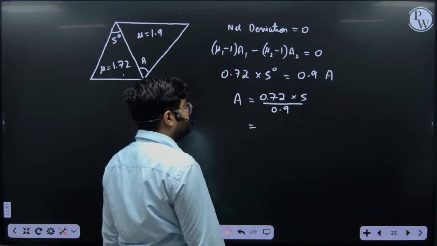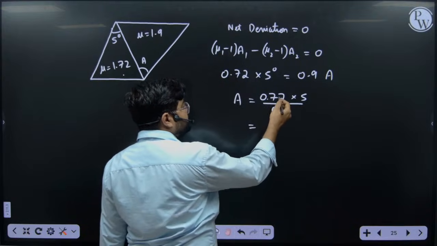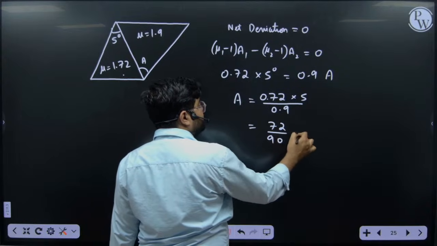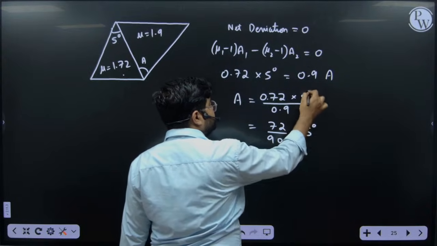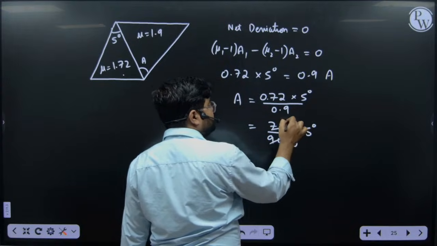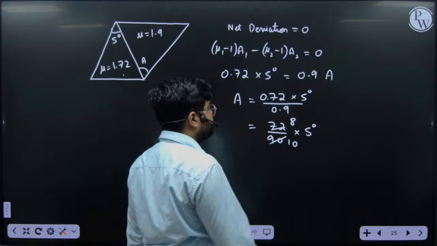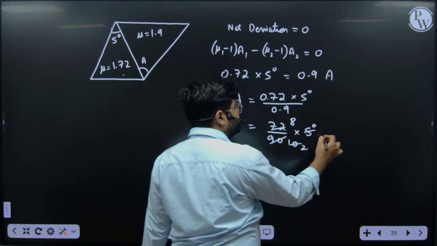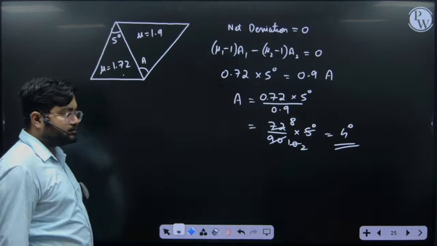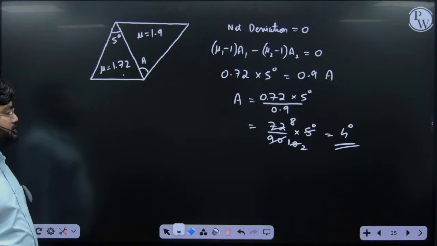This can be written as 72 by 90 into 5 degrees, 9 tens are 90, 8 ones, and here we have 2. So I think the answer should be 4 degrees.